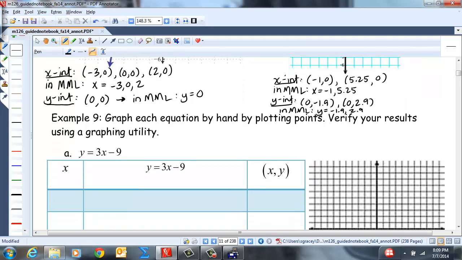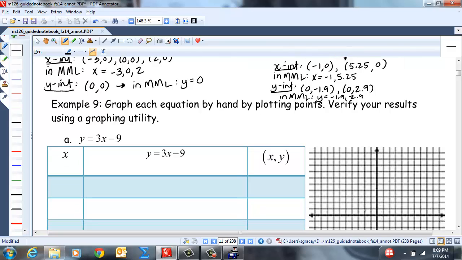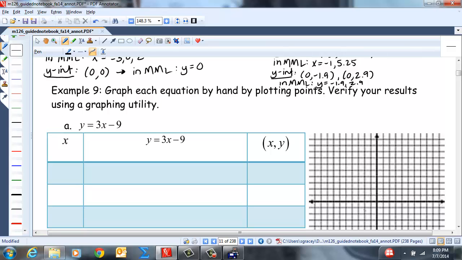All right, so here we go. We're going to go ahead and graph these equations by hand by plotting points. Don't worry, we're going to go over linear functions and all that good stuff. If you remember that stuff, that's awesome. But if you don't, you can always get it by point plotting.